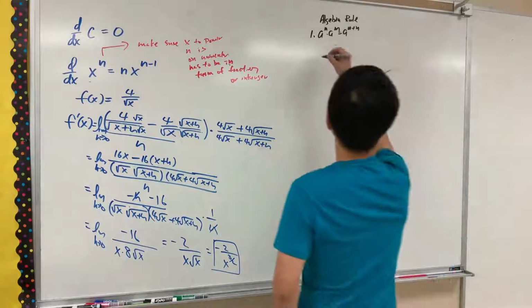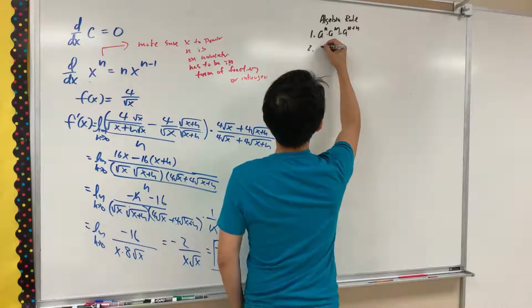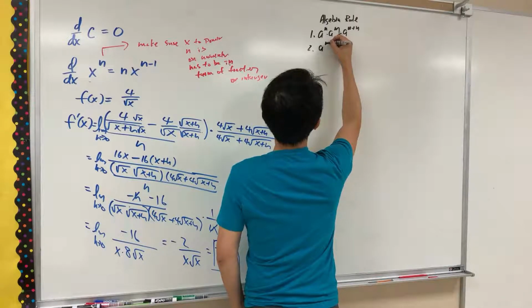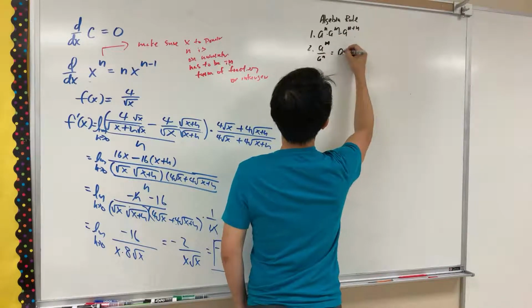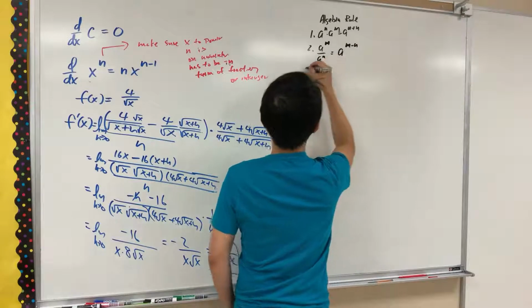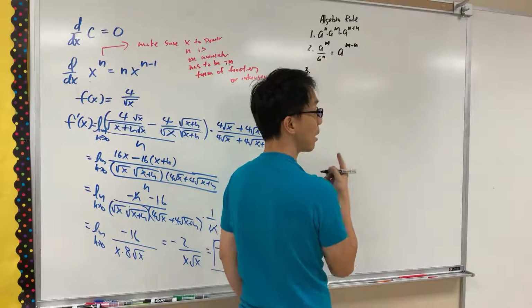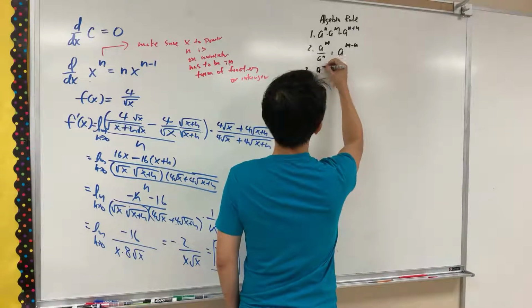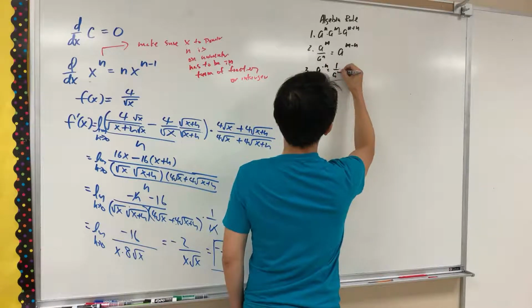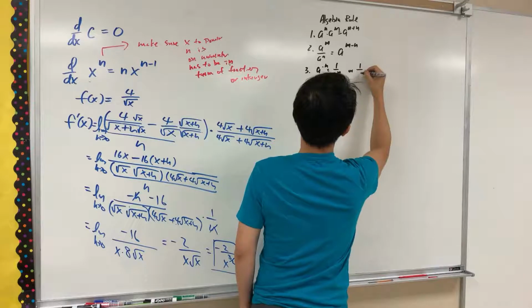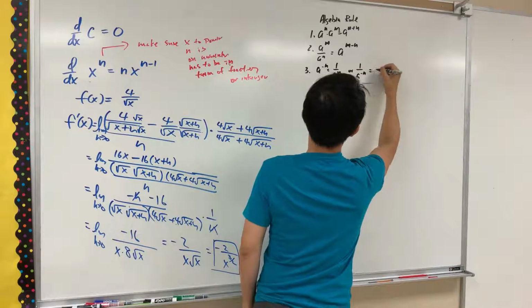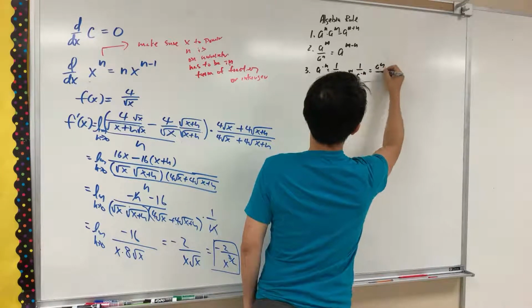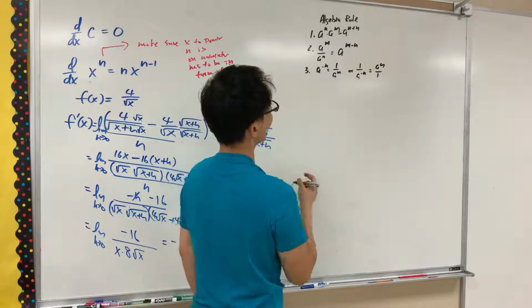The second one is a to the m over a to the n equals a to the m minus n. We're going to keep coming back to this rule because this is pre-algebra, but it should be ingrained in your head. Like a to the negative n equals 1 over a to the n, or 1 over a to the negative n equals a to the n over 1. Are you guys lost?